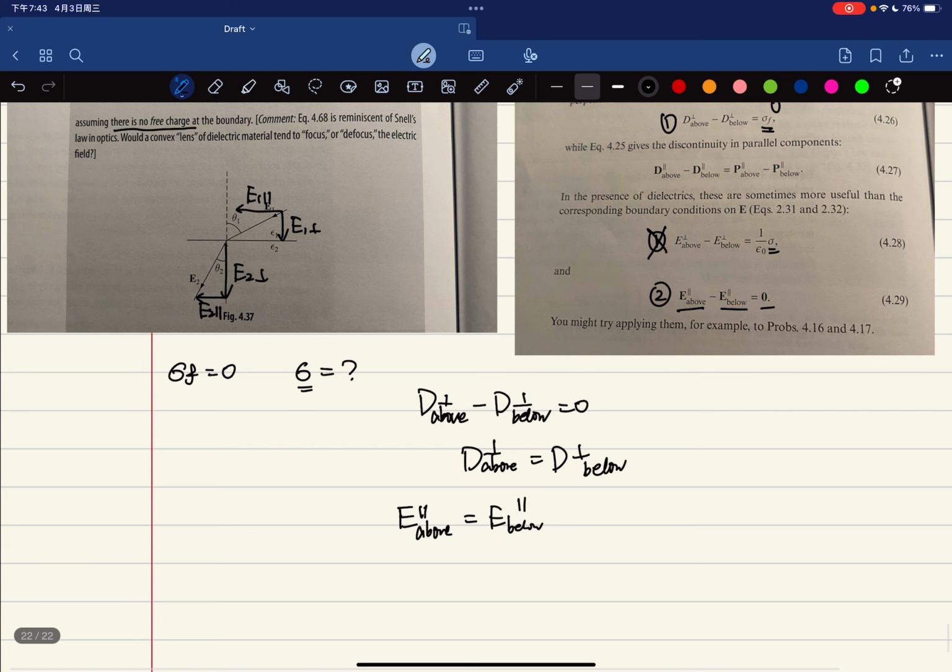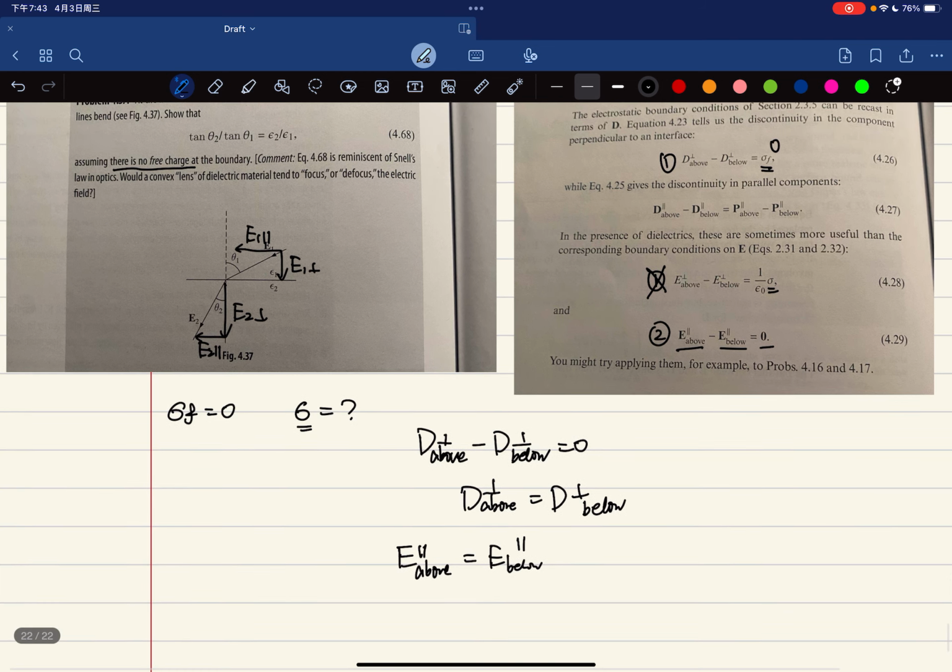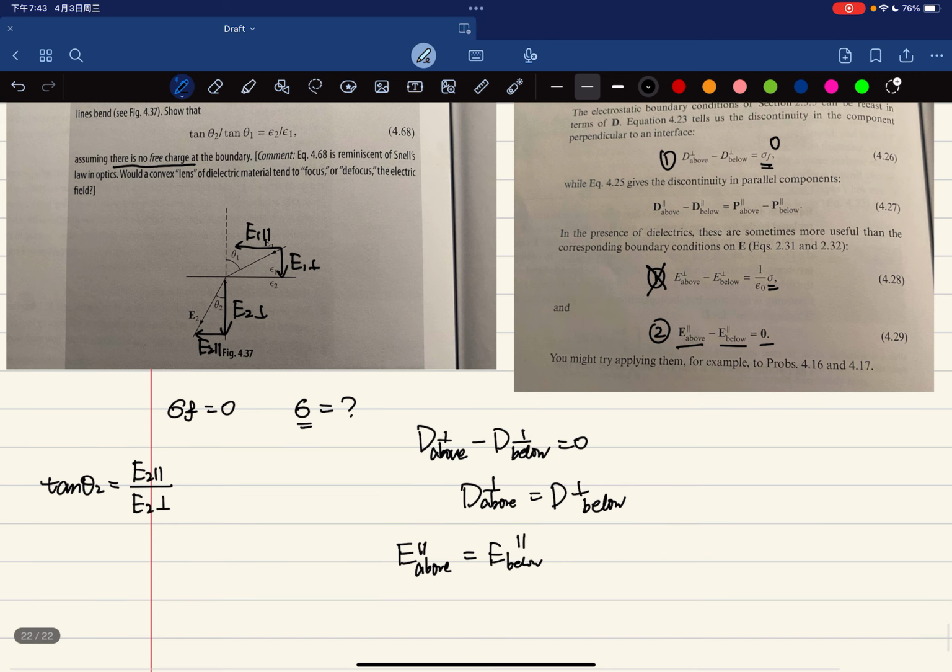Now let's represent tangent theta. Tangent theta 2 is equal to E2 parallel divided by E2 perpendicular. And then what is tangent theta 1? It is equal to E1 parallel divided by E1 perpendicular.